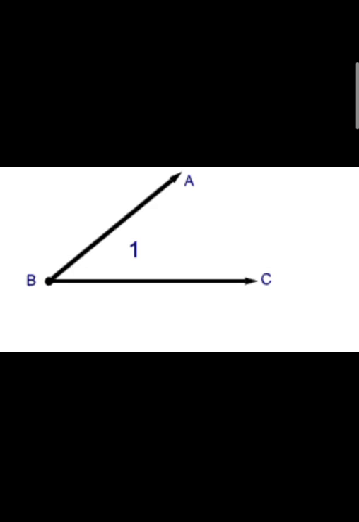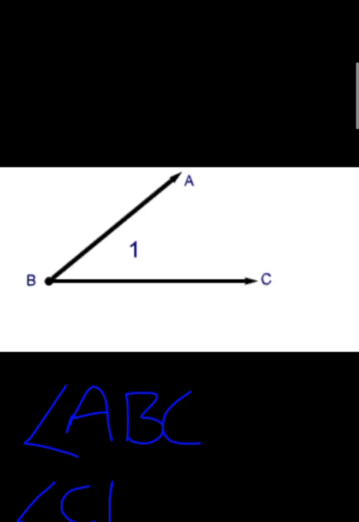Here we can say it as angle ABC. The letter B is for the vertex. It always should be in the middle, or else we can write it as angle CBA, and simply we can write it as angle B, which is the middle letter, and by using a number given here, angle 1. 4 ways to denote this given angle.